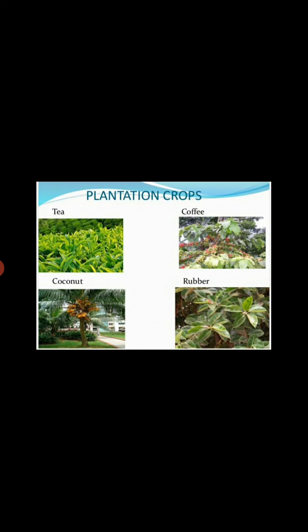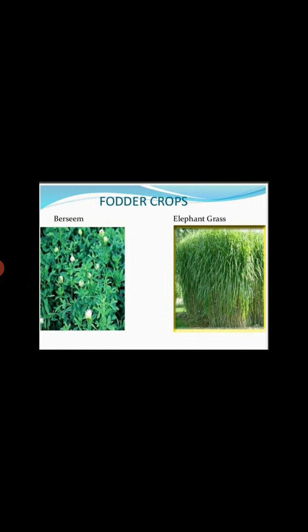Then plantation crops: tea, coffee, coconut, rubber. You can see them in the pictures also. Then fodder crops, berseem and elephant grass. They are used as food for animals especially.